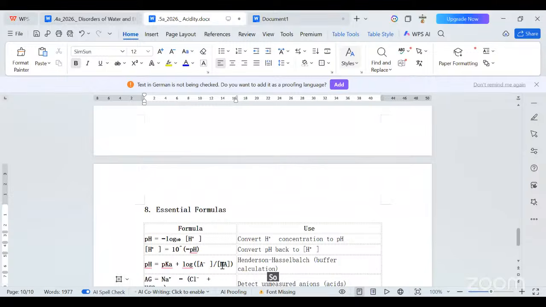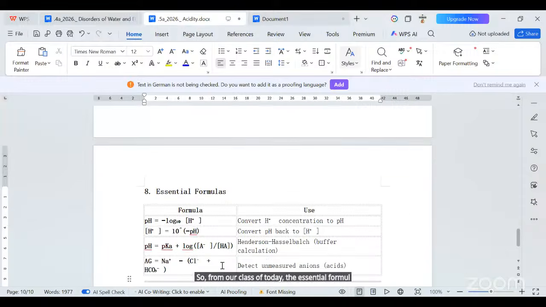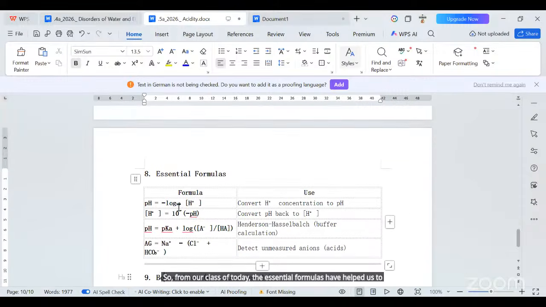So, from our class of today, the essential formulas have helped us to keep them in a table. We had pH, the negative logarithm of hydrogen ion concentration, converting hydrogen ion to pH.